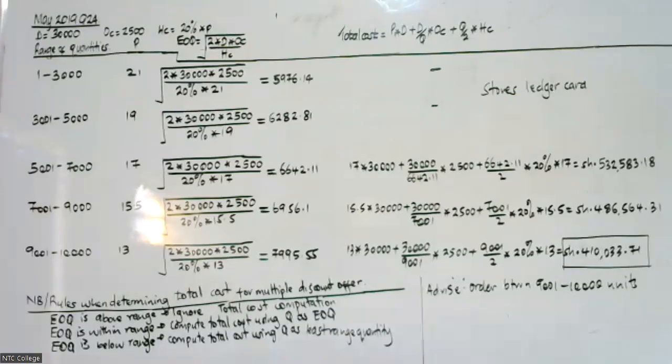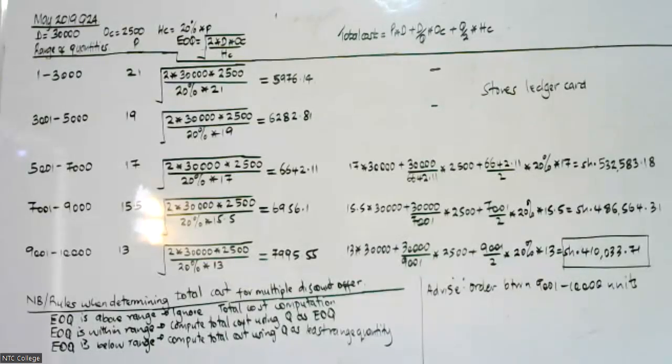Stores ledger card transactions are recorded at the receipt price, and not the selling price. The transactions include receipts.